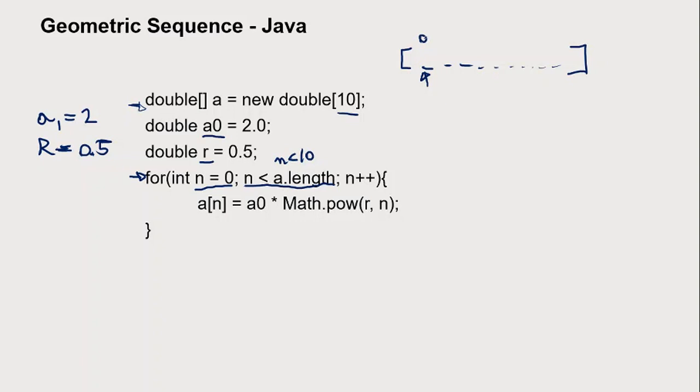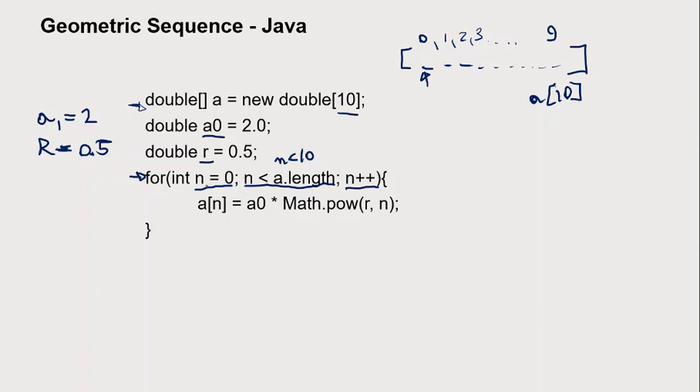Remember though that they are indexed at 0, 1, 2, 3, up to 9. So there is no such thing as a 10, because it only has 10 positions. So it's perfectly fine for n to go up to, but not including, 10. And n goes in increments of 1 because I want to fill in every single position. So I keep moving by 1.